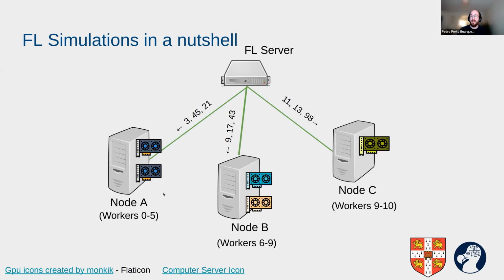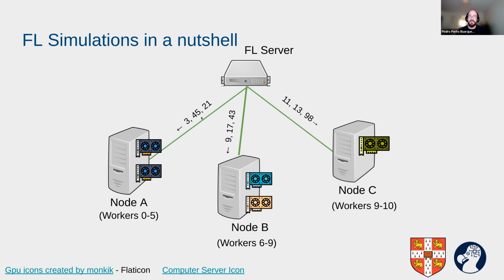A worker is nothing but a process that will execute the training of multiple virtual clients. It can run one worker per GPU. That would possibly not be very efficient. We'll see why. But then you can also run multiple workers on the same GPU, simulating multiple clients running on the same device.